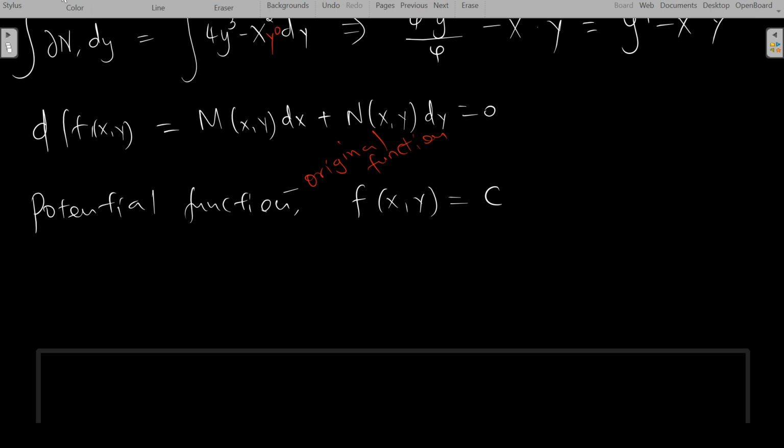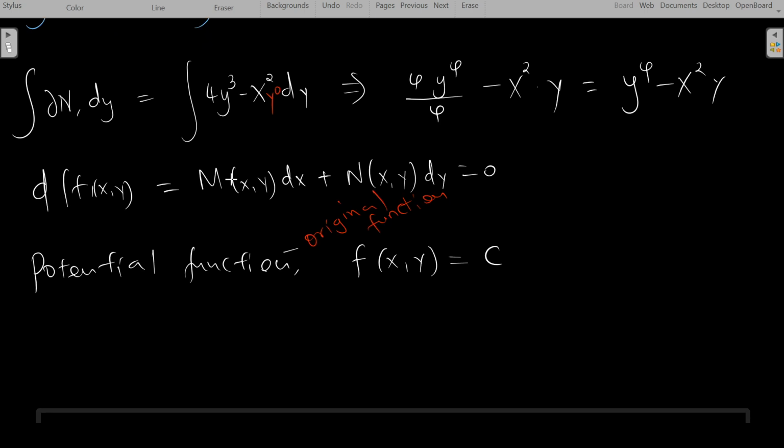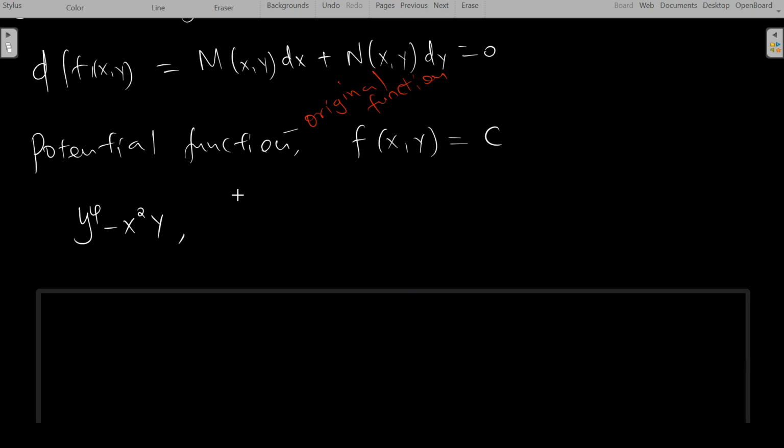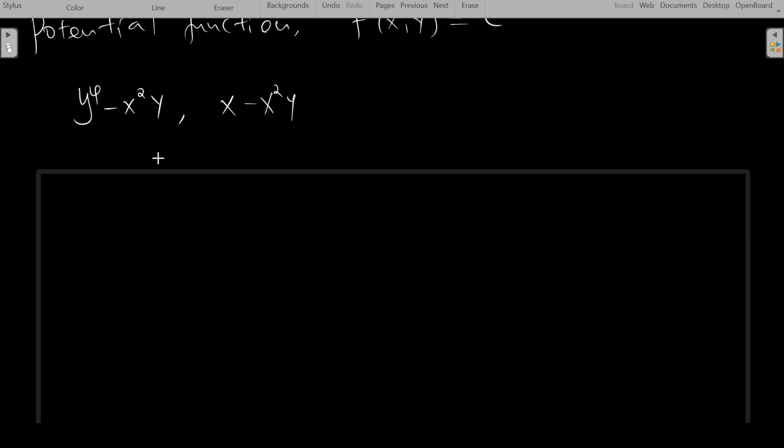Now let's continue with our work. How will we get our potential function? Let's write whatever we have integrated. We integrated and got y to the fourth minus x squared y, and also x minus x squared y. For us to get our potential function, we write every term once.